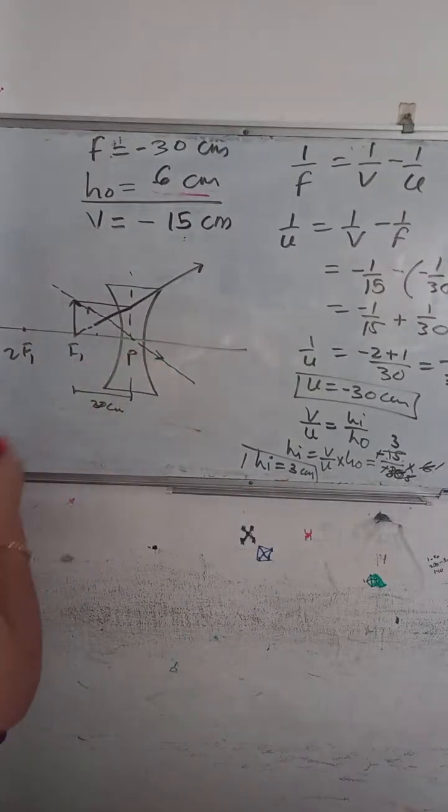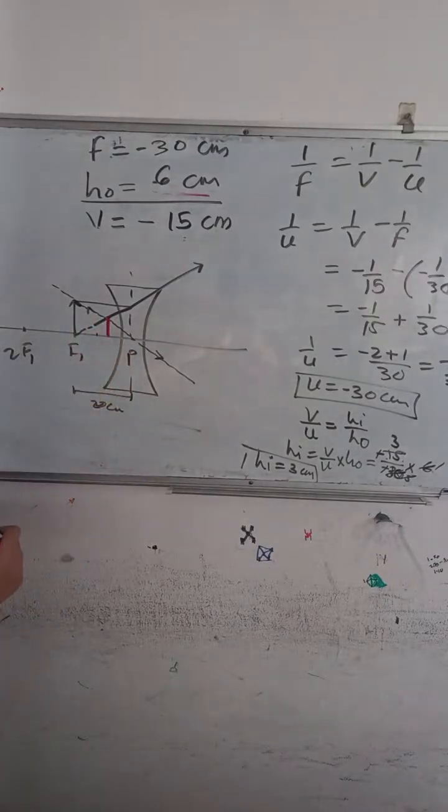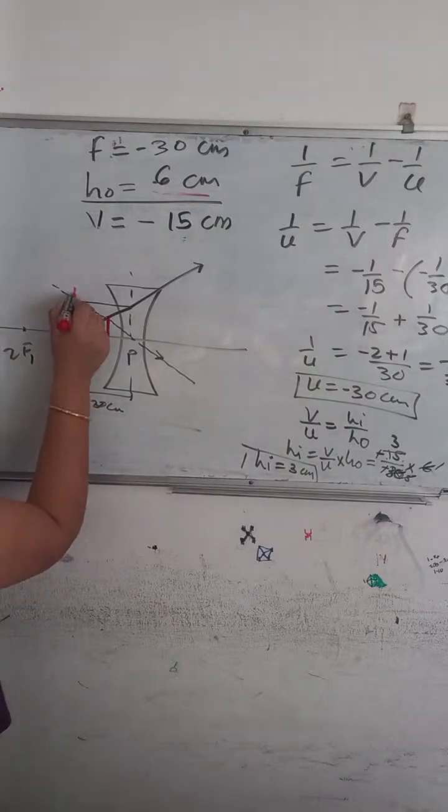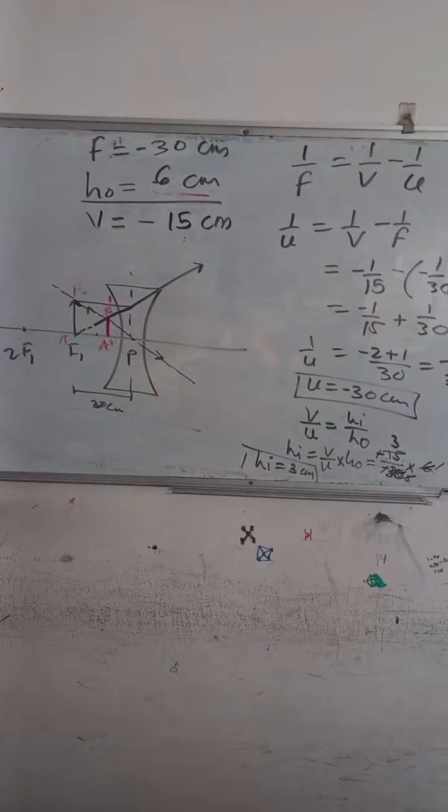Where they both meet, from there you can drop a perpendicular, so you will get the image over here. Suppose this is AB, then this you will get as A dash B dash. That's it. This is the 3-mark problem. Show the rays properly. We did many problems. Those who want the basics for this, you can check the previous video. Copy this or take a screenshot.